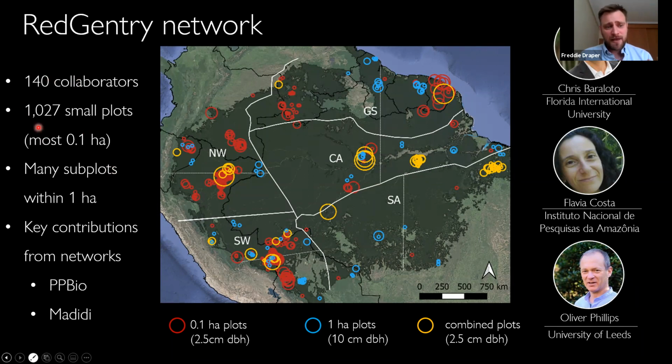In the end, we had over 1,000 of these small plots, mostly 0.1 hectares, and many of these are subplots within larger plots. They represent really important contributions from big networks as well, the PPBio network in Brazil, the MEDIDI network in Bolivia. Together we have this really powerful data set that allows us to synthesize these ideas of tree dominance across these very large scales in Amazonian forests.